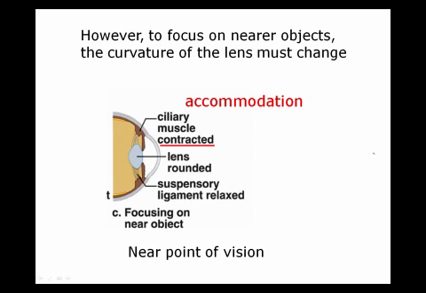This is called accommodation, and this is what focuses that light so that the rays fall evenly back on the retina. At some point we reach our near point of vision, and at this point the lens has done all the work it can do, and if we continue to move closer we will be unable to focus.